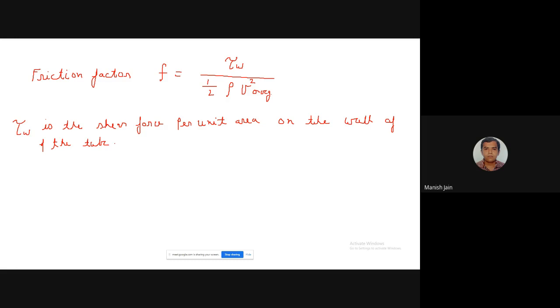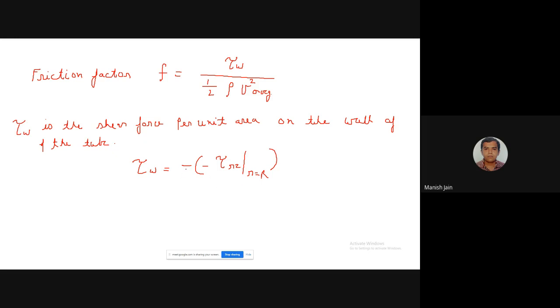Okay, now because tau W cannot be calculated directly, tau W should be equal to minus tau Rz at R equal to capital R in the old problem, the problem we were just solving. Here we represent why we are taking the minus.